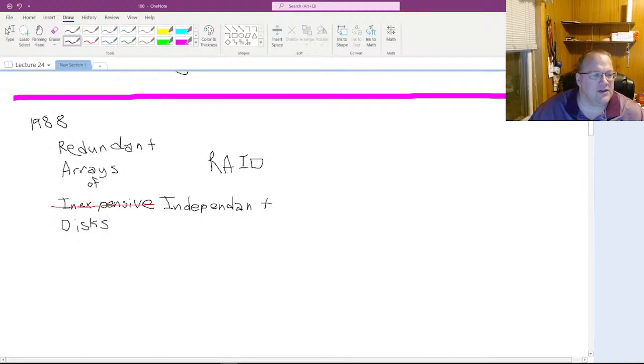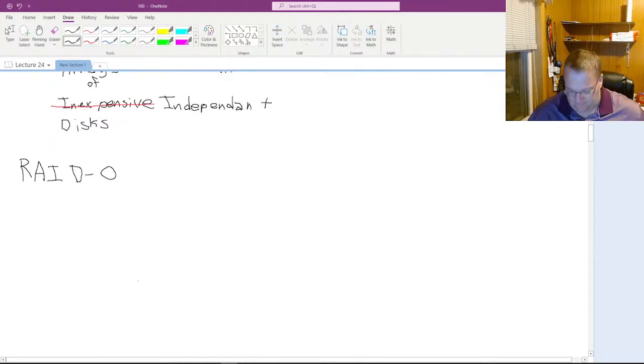So I'm going to start out with the first one. It's computer science, so we're counting, right? So where do we start counting? 0. RAID 0. Okay, so RAID 0 uses a technique called data striping.